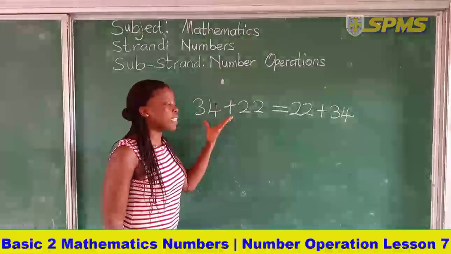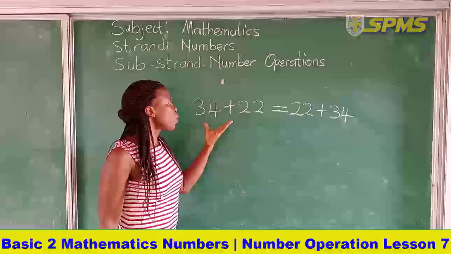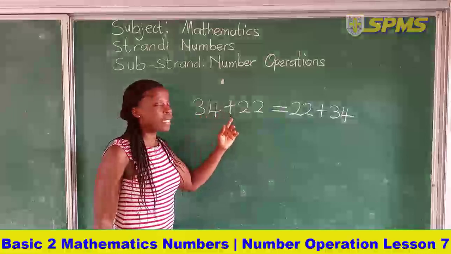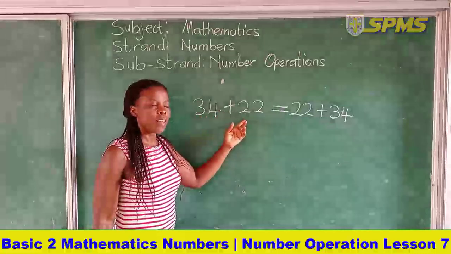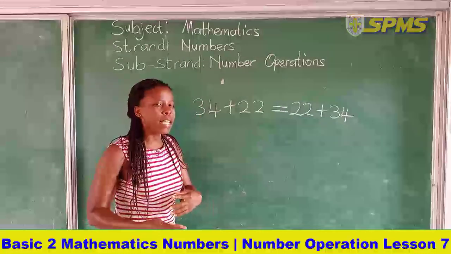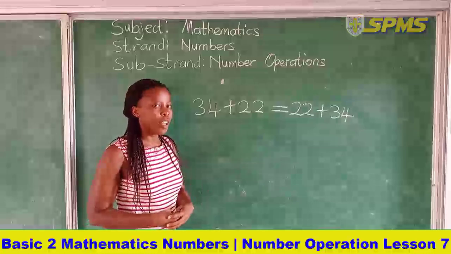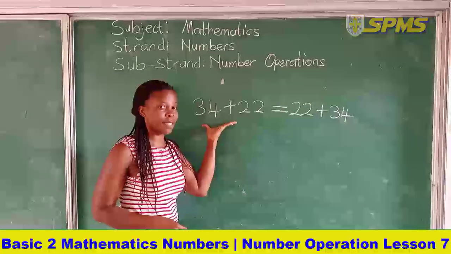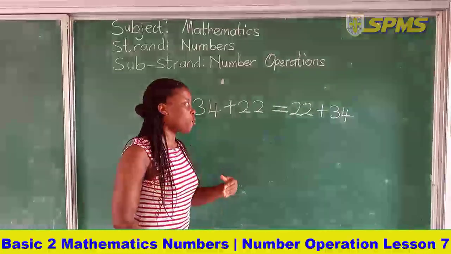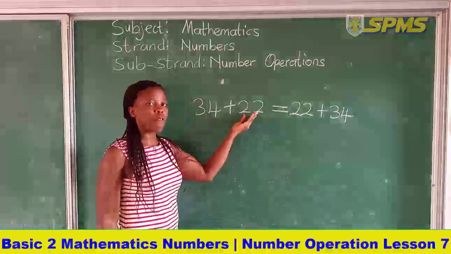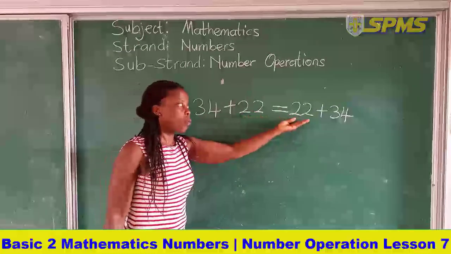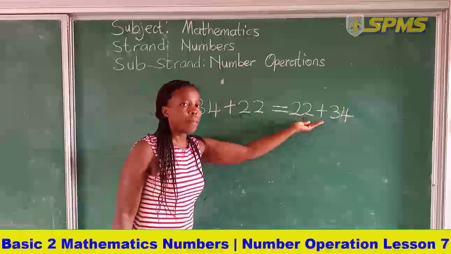So I have reversed the addends for my addition sentence. In my first addition sentence, I wrote 34 plus 22. In a commutative property of addition, I am going to reverse this the other way. So my 22 is going to be my first number now. And this is what I have done on the board.